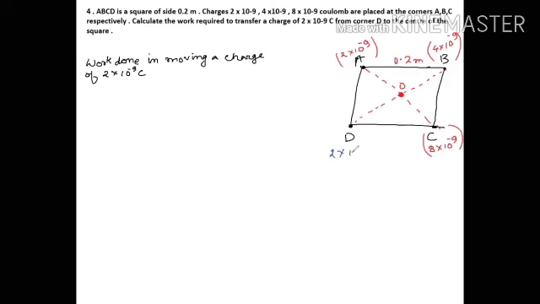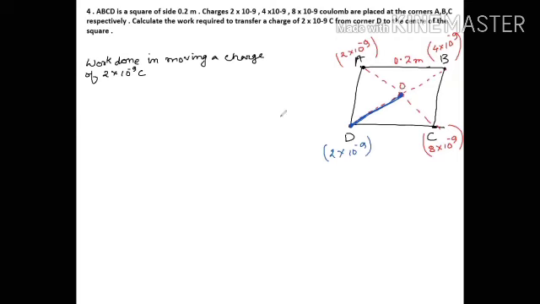This much amount of charge you are having at this point. But this charge is actually moved from point D to point O. It is clearly mentioned to calculate the work done to transfer a charge of 2 into 10 to the minus 9 coulomb from corner D to the center of the square. You have to find the work done.